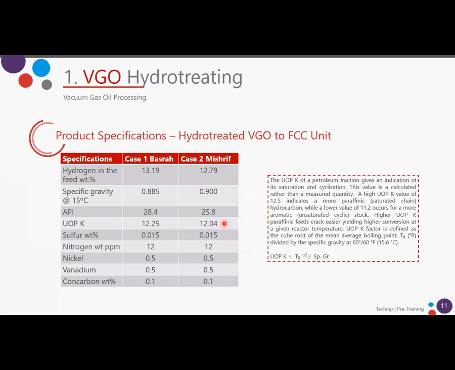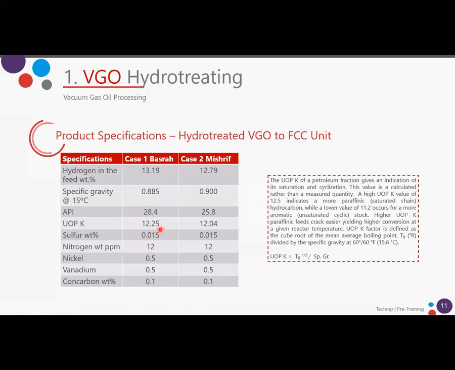So how was this improved? Because we have saturated some of the unsaturated components in the feed due to the hydrogen reactions that we will see later. But these are the main specifications of the product that we have from this unit.